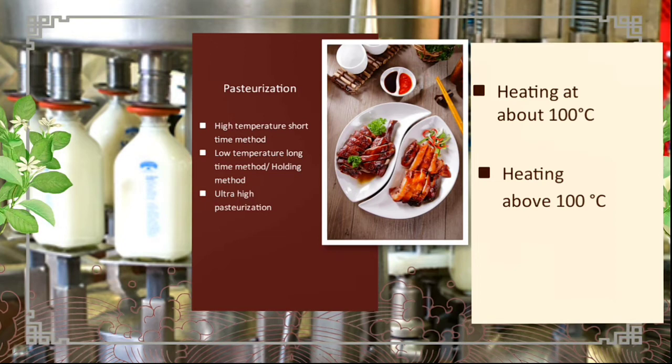And there are two types of heating. Number one, heating at about 100 degrees centigrade. Formerly, home canners processed all the foods for varying lengths of time at 100 degrees or less.